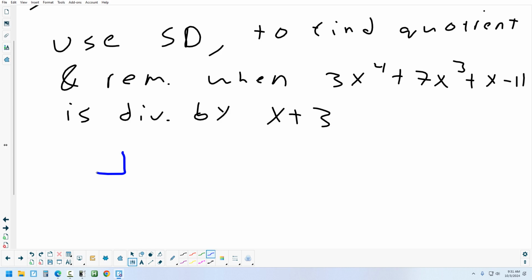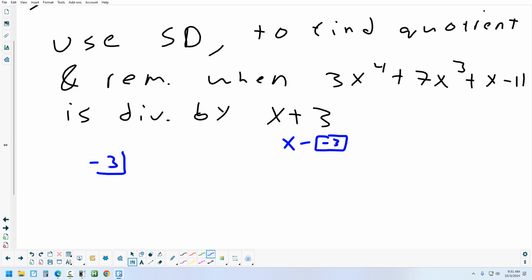It would be 3 if we were dividing by x minus 3. Negative 3. Okay, so you always have to think of it as what comes in this box, and the box is what's after the minus sign. So to convert that so it has a minus sign, you've got to think of it like this. So negative 3 goes in the box.